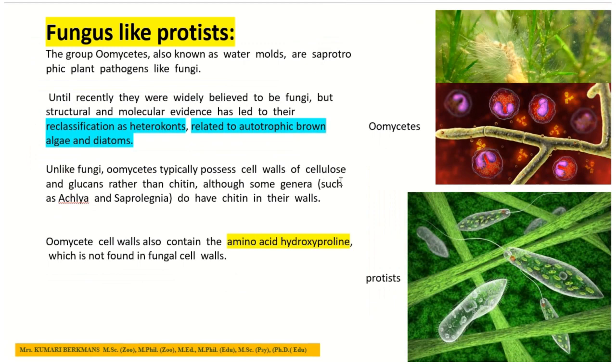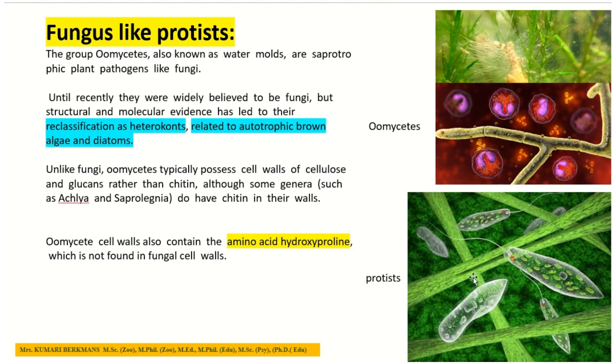Some fungi are listed under the protists, one of which is oomycetes. They possess chlorophyll as well as carotenoids. With that, they produce their own food. So they are now classified under the heterokonts, because they are autotrophic, like brown algae as well as the diatoms.